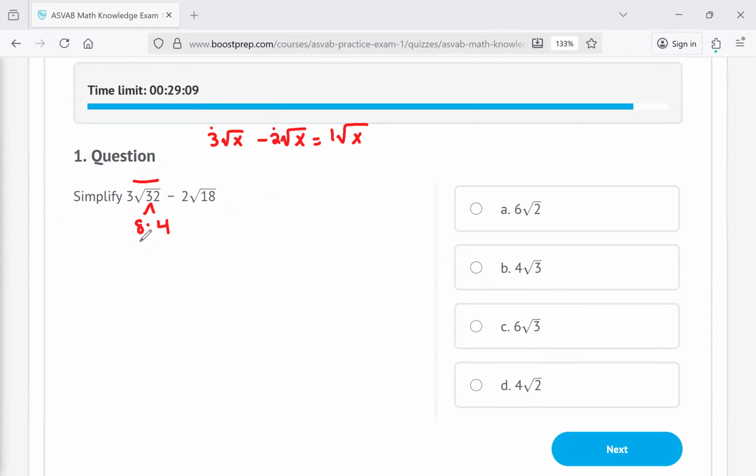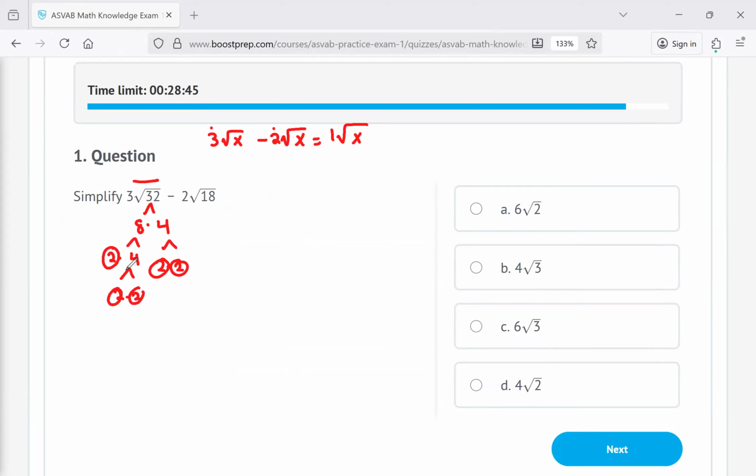Then what you want to do is circle your prime numbers. So 8 and 4 are definitely not prime. 4 can be broken down as 2 and 2. Circle, circle, right? Circle the prime numbers, and then 8 can be broken down as 2 and 4. Circle 2. 4 is not prime, it can be broken down as 2 and 2, right?